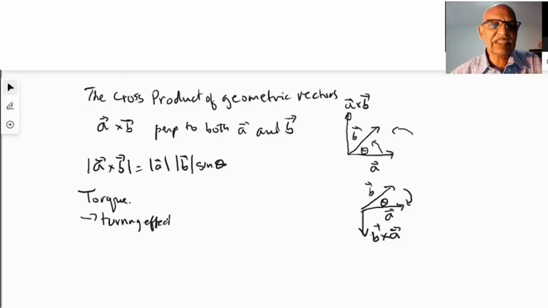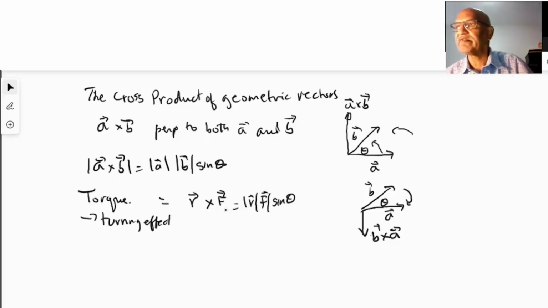We have the radius R and force F. The magnitude of this will be the magnitude of R, the magnitude of force, times sine of the angle between R and F.